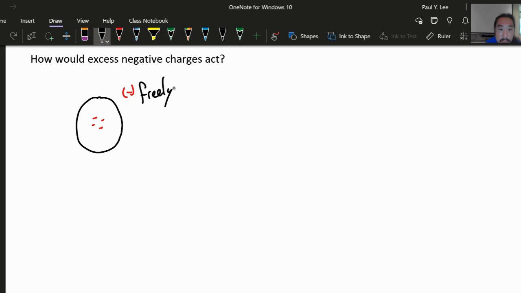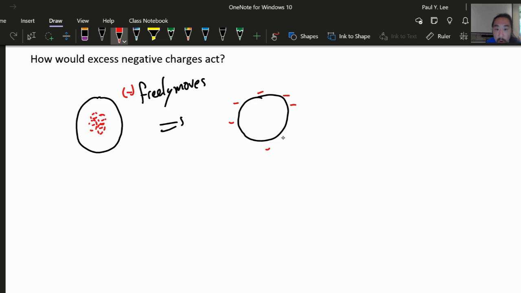This is because of Coulomb's law. This negative charge pushes against this negative charge, which pushes against this one, which pushes against this one. And so you end up with a metal sphere where the exterior has all of the negative charges, as far away from each other as possible.